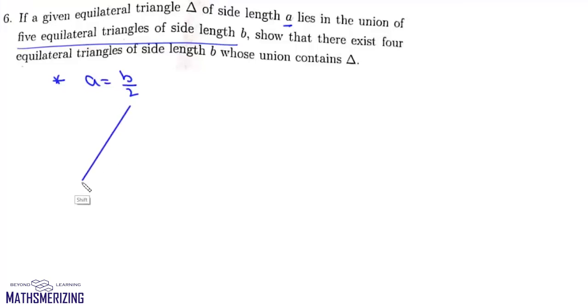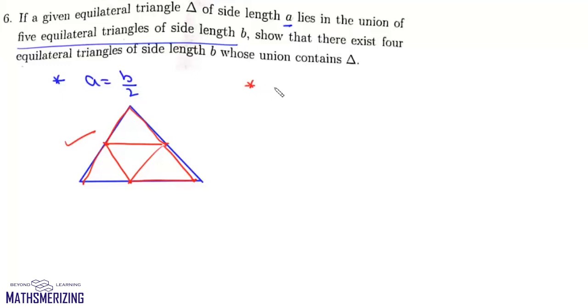Then for this equilateral triangle with side length A, we'll have four triangles whose union is going to give us this equilateral triangle with side length A.